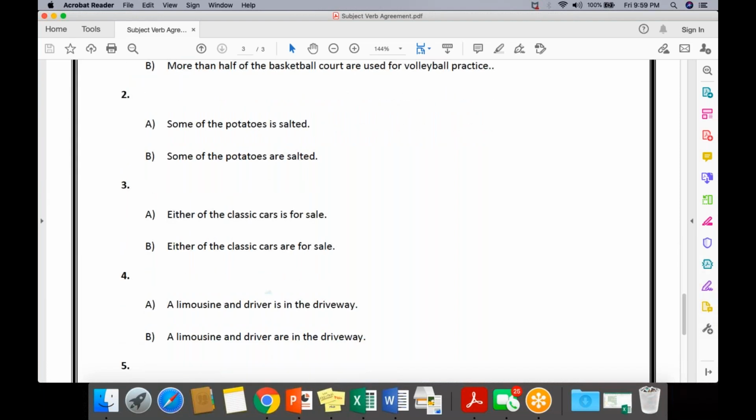Fourth, easy one. Some of the potatoes are salted. The subjects are connected by the word and. I will go with plural verb are. My rule number 1 itself.